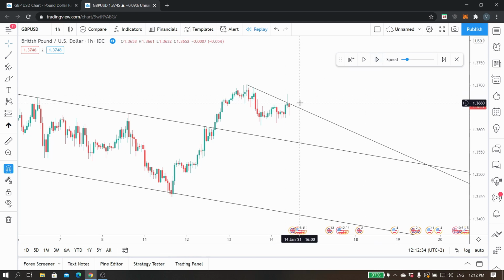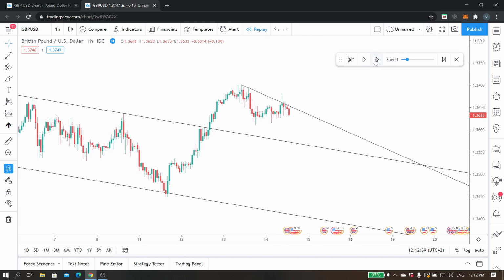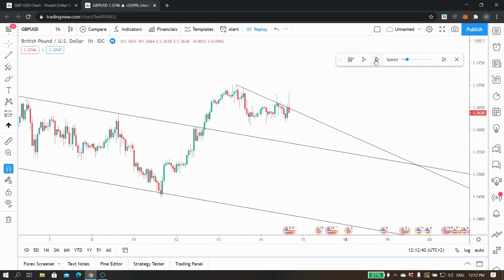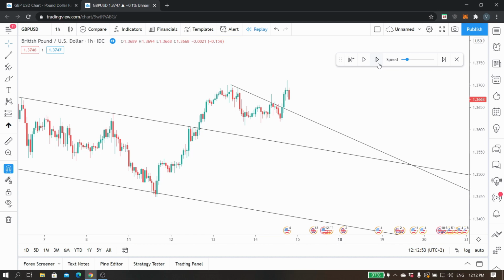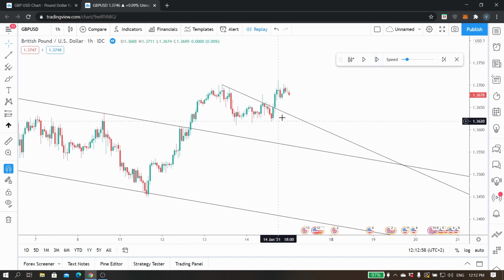Quite some drawdown, but it went down. One, two, three, 4, 5, down. It's a possible break retest here, not necessary.